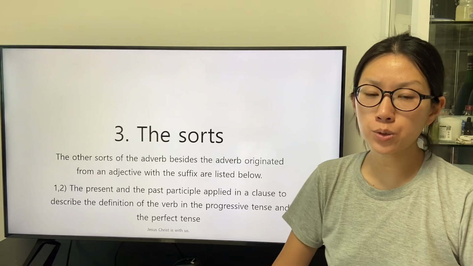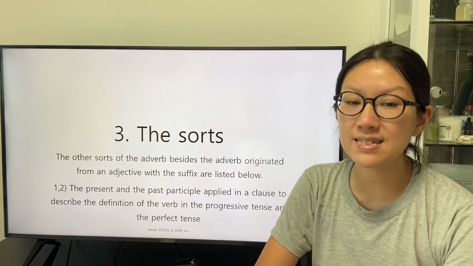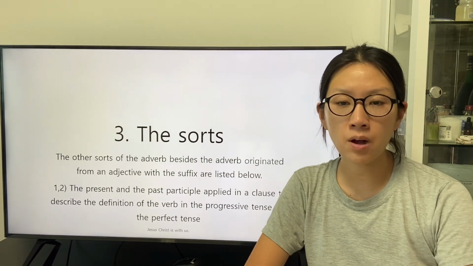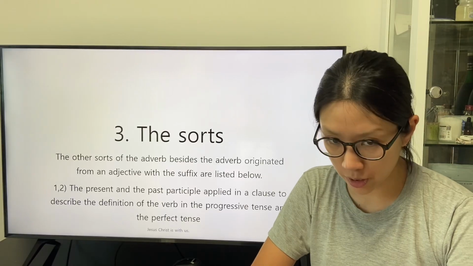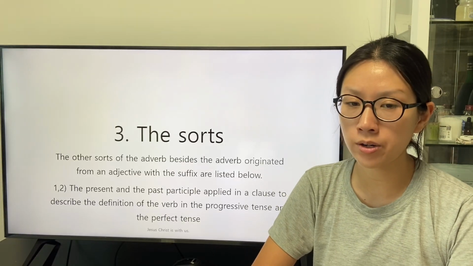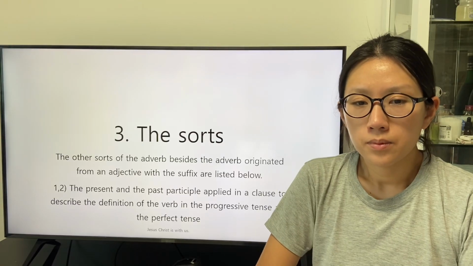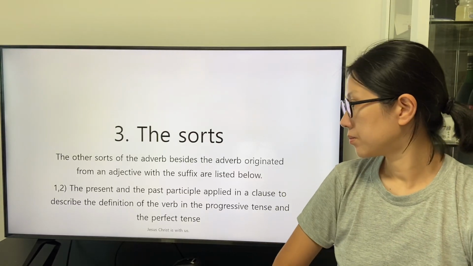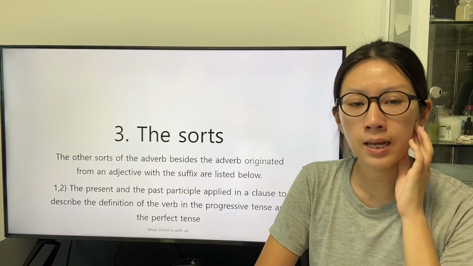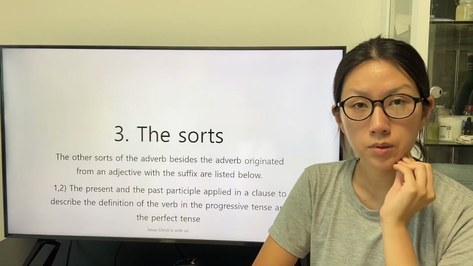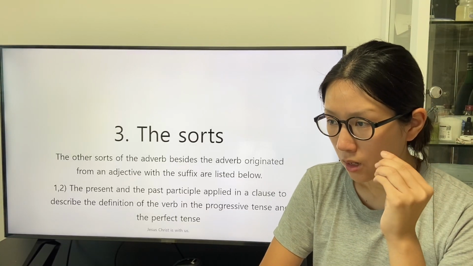The other sorts of the adverb besides the adverb originated from an adjective with the suffix are listed below. The first and second adverbs are these.